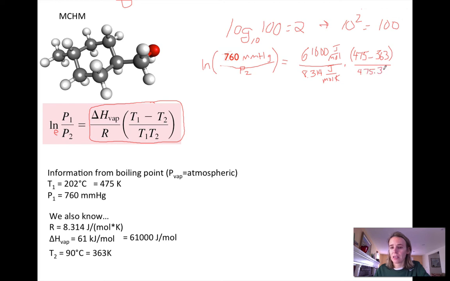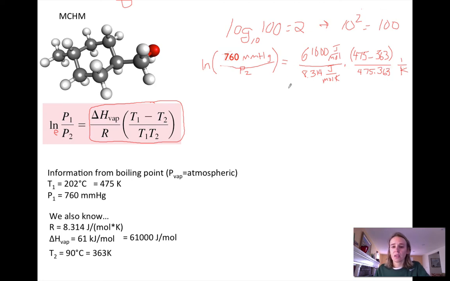I'm not writing Kelvin in here to save a little bit of space, but let's think about the units on this part. When we subtract Kelvin minus Kelvin, we have Kelvin on the top. When we multiply Kelvin times Kelvin, we have Kelvin squared on the bottom. So one of those Kelvins will cancel out. The units on this thing, once we do that math, will be 1 over Kelvin.